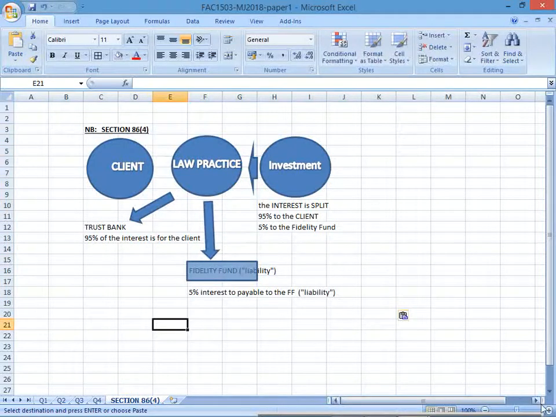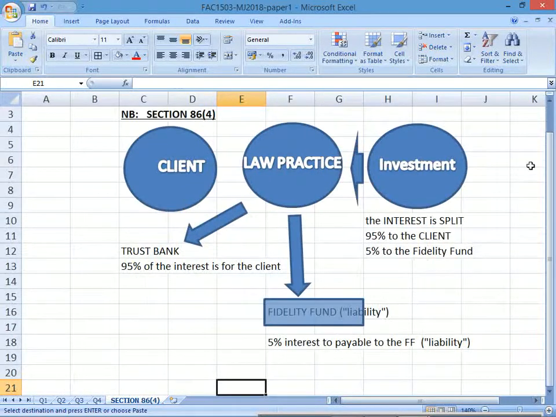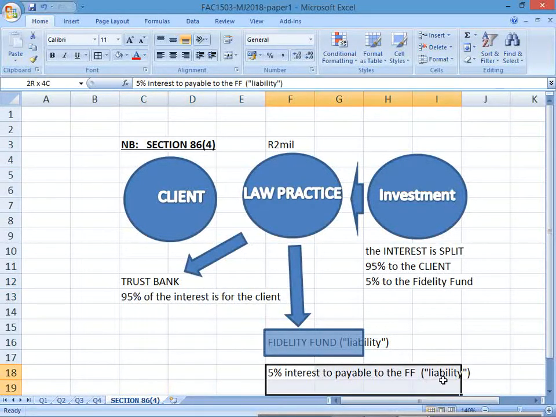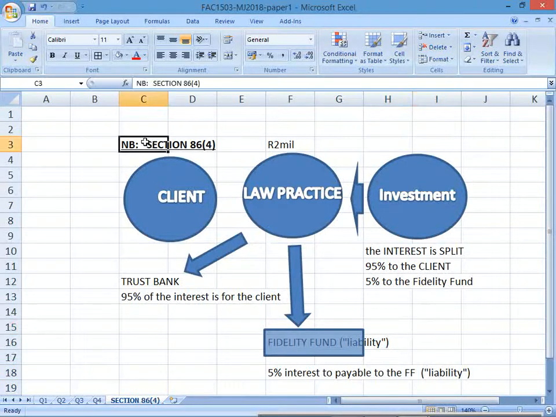So we've got a scenario where the law practice received 2 million as an investment from the client. Of the 2 million, the client is obviously going to receive 95% of the interest. 5% of the interest goes to the Fidelity Fund. That's based on section 86.4 investments.